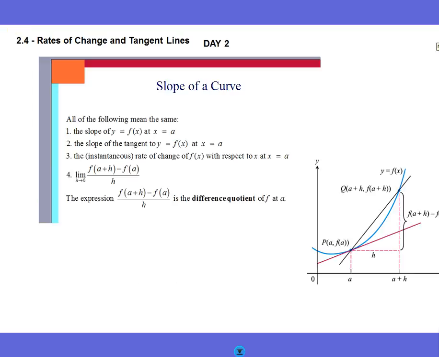Because we're math people and we like to call things by different names, like Billy, Bob, Williams and Roberts, they're all called pretty much the same thing. Here, all of these mean the same thing. The most common types you will see are the slope of the tangent to y at x equals a point, and number 3 here, the instantaneous rate of change with respect to x.